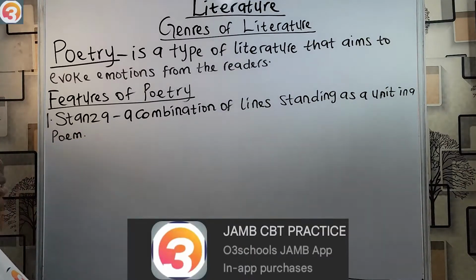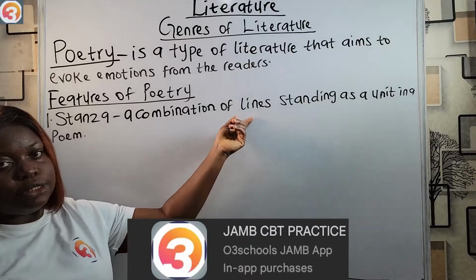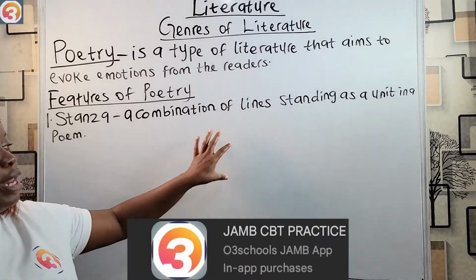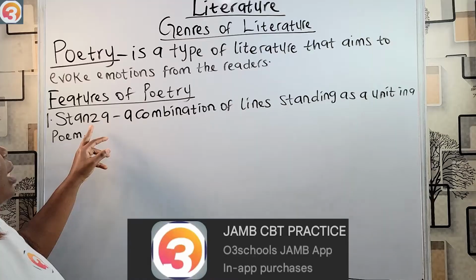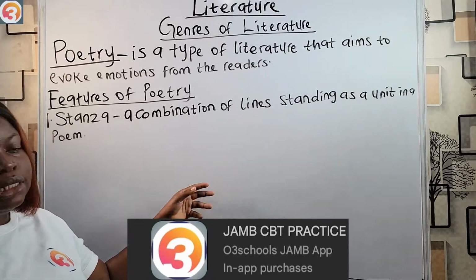We call it a stanza. Poems are made up of lines. So when a group of lines come together to stand on their own, we refer to it as a stanza. And we differentiate stanzas by using spacing.